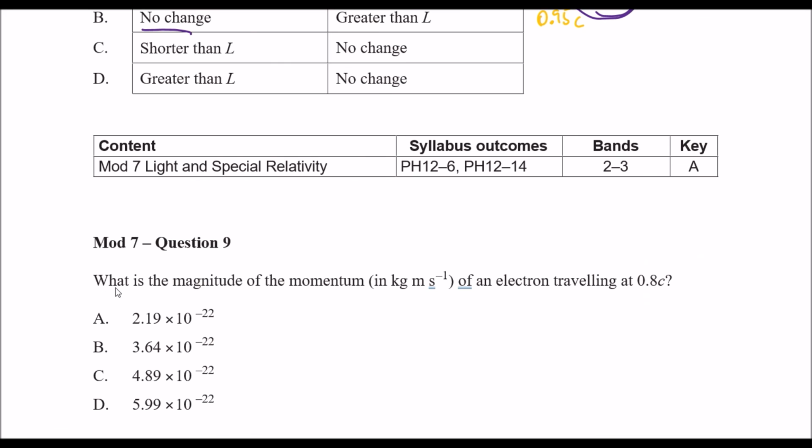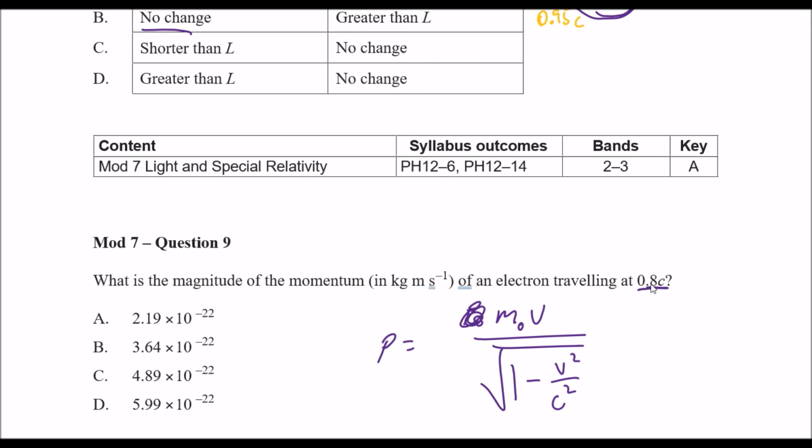Okay, question 9. What is the magnitude of the momentum of an electron traveling at 0.8 of the speed of light? So this requires you to use the momentum formula. We know that momentum is mass times velocity, and then we have this value here.